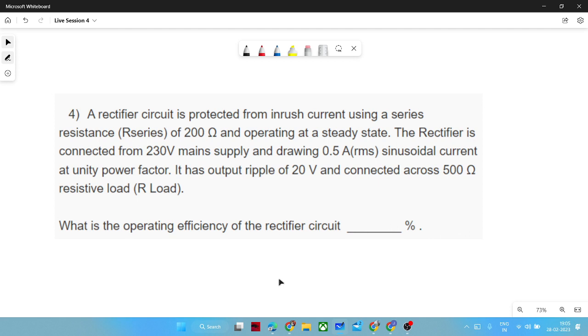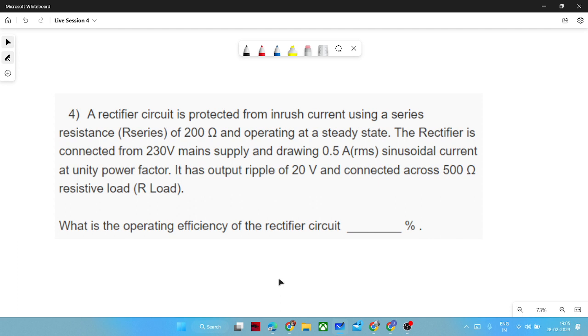The average would be (maximum plus minimum) by 2, and the output power would be V naught average square by R. The input power you anyway have as V in into I in RMS, which is given, so everything is given here.